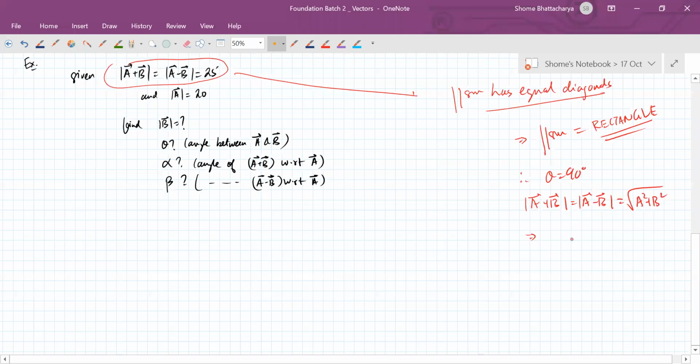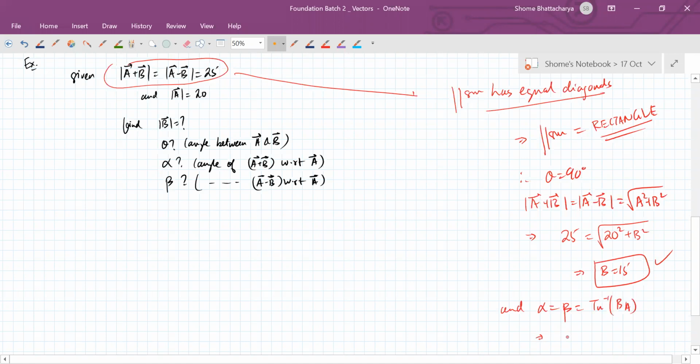So this 25 equals square root of a square, which is 20 square, plus b square. So this shows you that b is 15. That's one thing done. And also alpha is equal to beta is equal to tan inverse of b by a.